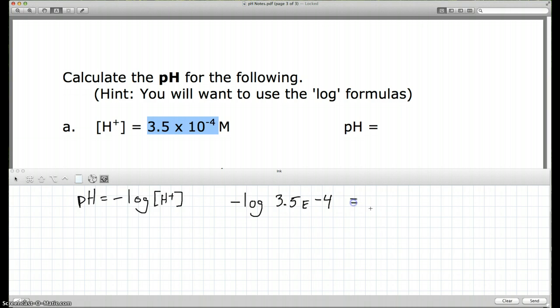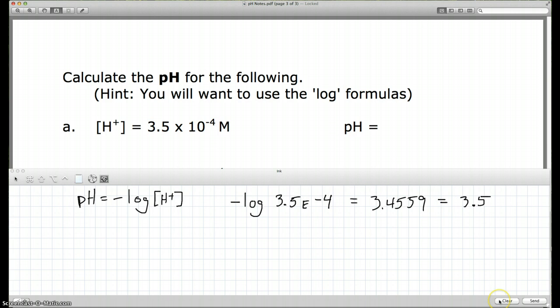So when I type that in my calculator, the calculator says 3.4559. For sig figs, we're just going to go with the sig figs we started with. The starting number has 2 sig figs, so my final answer should have 2. And coincidentally enough, it just turns out to be 3.5. So the pH is 3.5. That's the answer to that example.